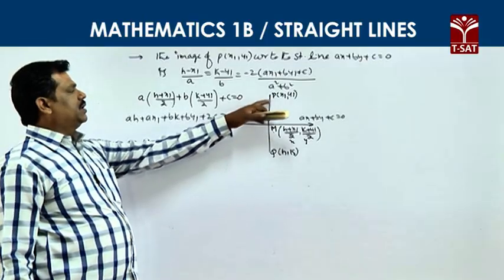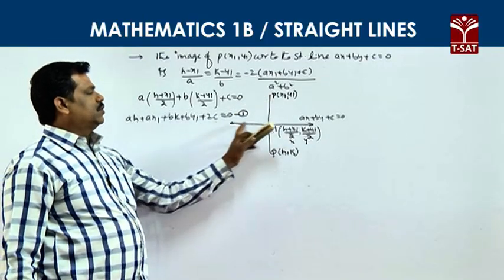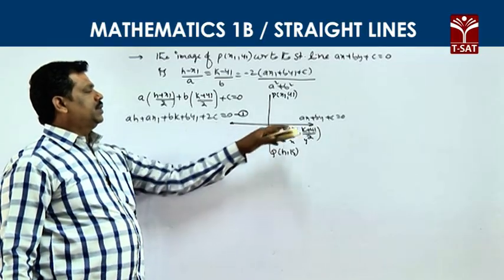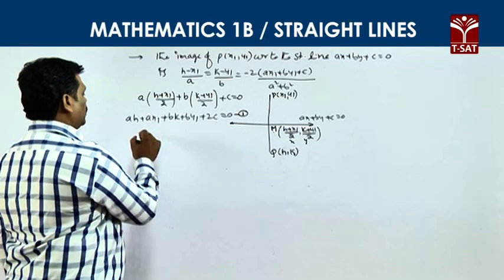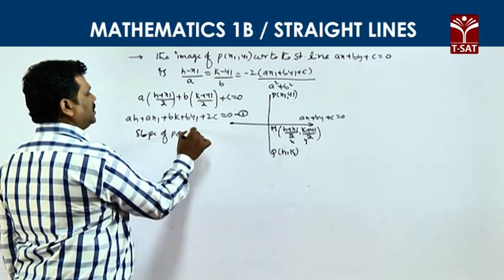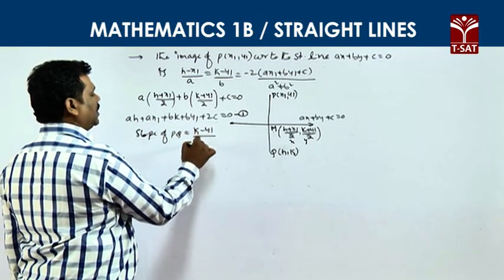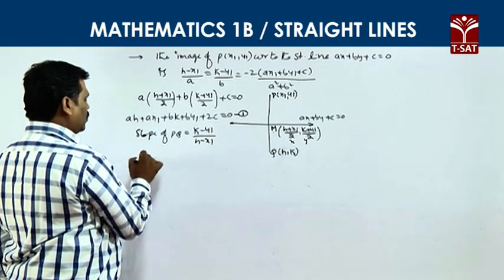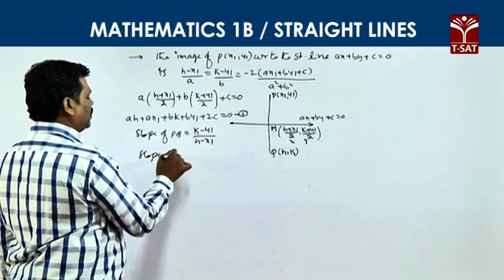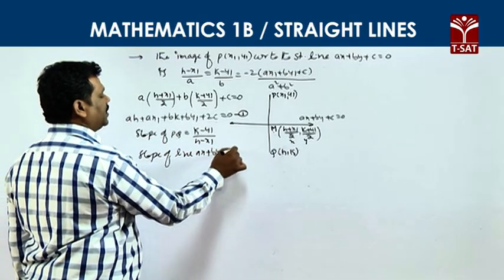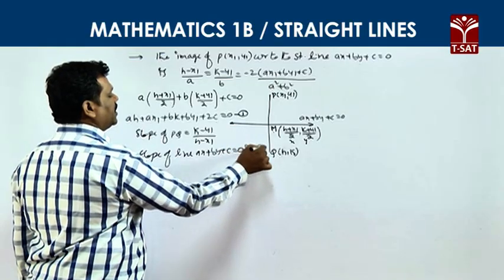Again we have to find the slope of PQ and the slope of the line. PQ is perpendicular to the line ax + by + c = 0. The slope of PQ is (k - y1)/(h - x1), and the slope of the line ax + by + c = 0 is -a/b.